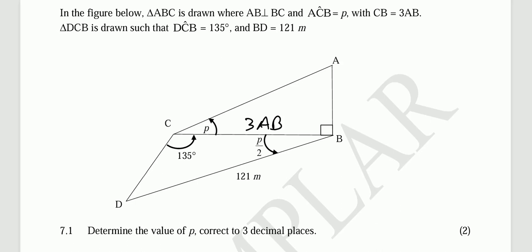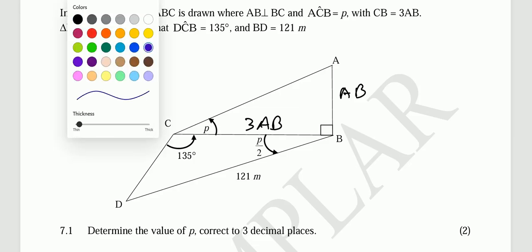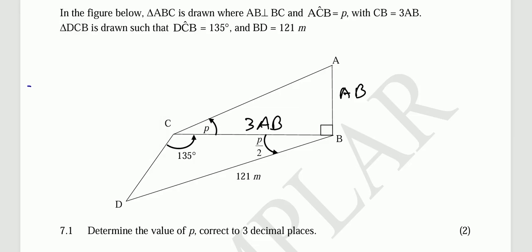So we can do it this way. We know here it's AB, and these ABs can cancel. This is a right angled triangle, and obviously this is the hypotenuse side. According to angle P, this is the opposite and this is the adjacent.